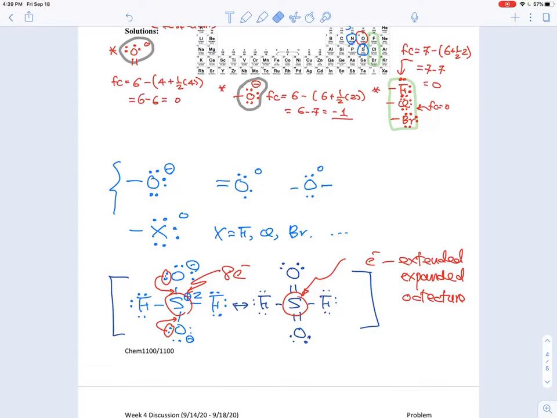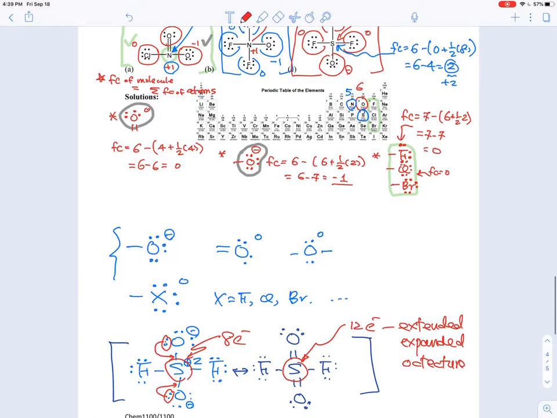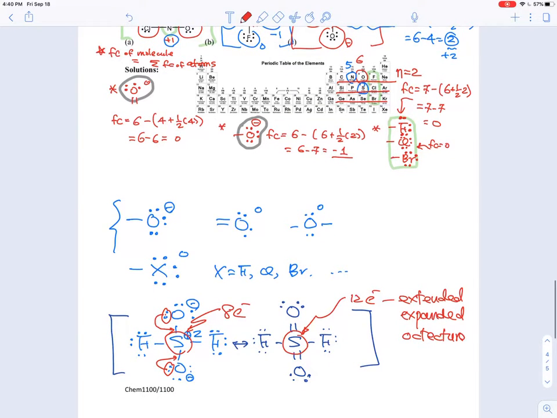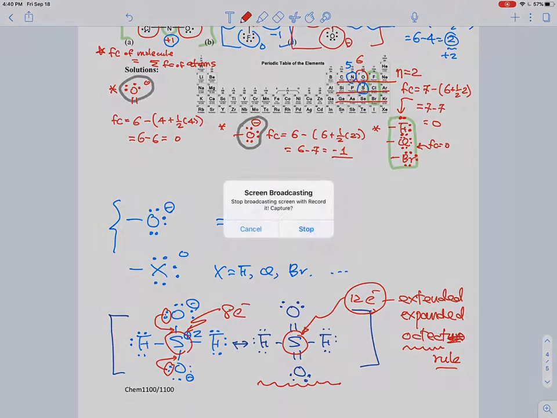So 12, they can take it. Like we discussed before, the second row elements must obey the octet rule, but anything in the third and fourth rows and so on doesn't have to obey the octet rule. They can have an exception to the octet rule, and they can have more than 8. So this is actually the more stable resonance structure. Thank you for your attention.